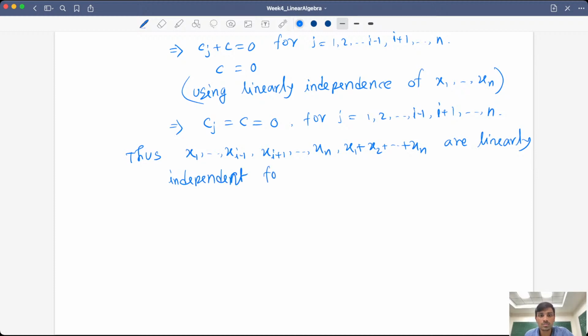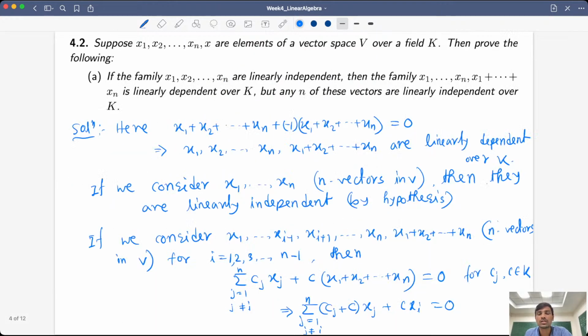Then for any choice, for any i equal to 1, 2, up to n minus 1, because that's the only way to get n vectors from these n plus 1 vectors. I can delete one of x1, x2, ..., xn, or x1 plus x2 plus ... xn.